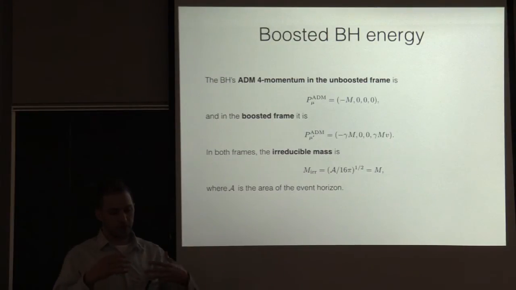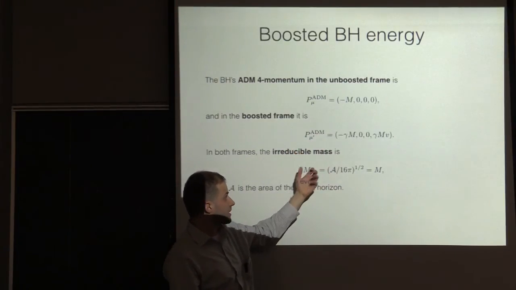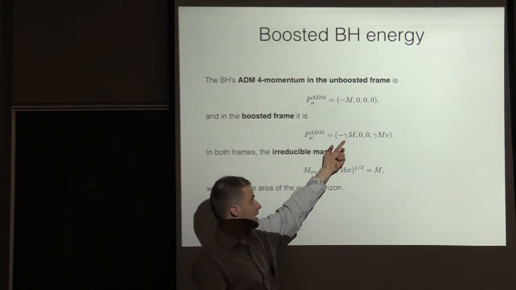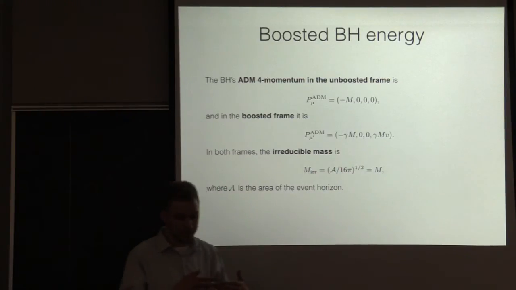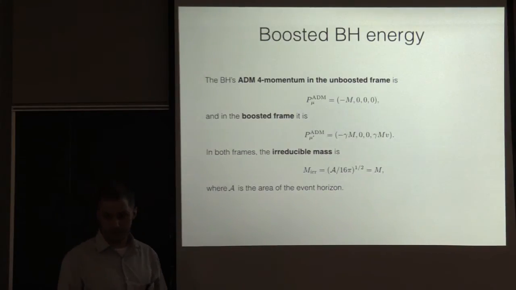And one thing we've learned from thinking about spinning black holes is that if you have any energy in excess of the irreducible mass, that energy is available in principle to be extracted. And so the guy sitting at rest doesn't, but the guy who's moving along has energy gamma m, which exceeds m, and so there's this difference, gamma minus 1 times m, which is available in principle to be extracted.